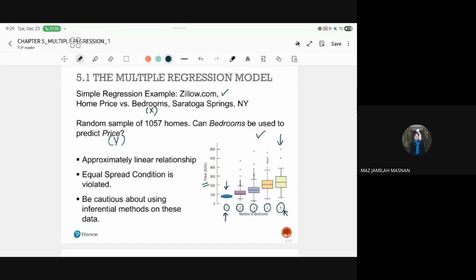Why is it so, class? Someone, please. We have discussed this in the first chapter on exploratory data analysis. When we have a box plot with wider spread and smaller spread, what can you have in your mind for this particular scenario?